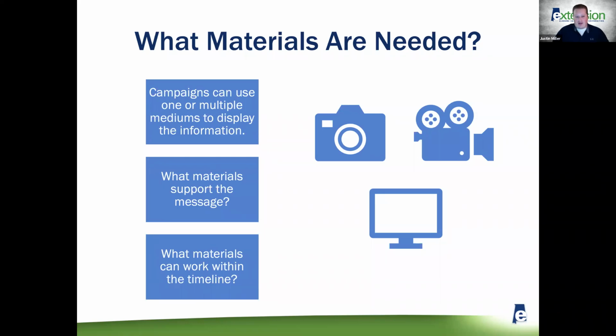Is it a graphic? Is it just a series of really bold, beautiful images with some text accompanying it? You need to ask yourself what best supports your topic area and what's going to get your message out there to your audience. And then also, again, working back to a timeline, what materials can you produce within the timeline that we've already established in this campaign development?